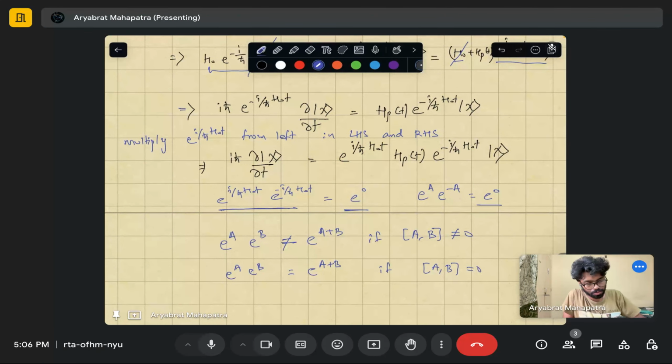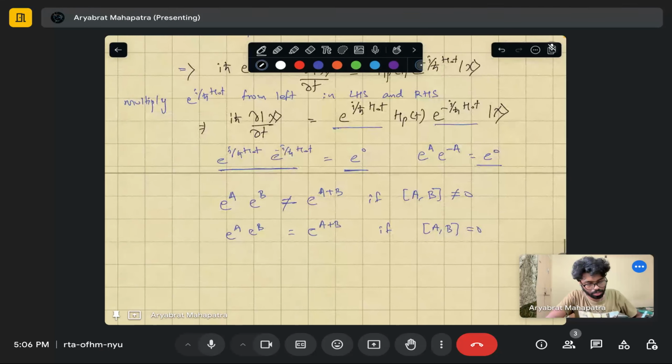In RHS, from the left you have this and from the right you already had this exponential factor, so in the middle you have H_P. So finally I can write i h bar del chi del t equals H_I.